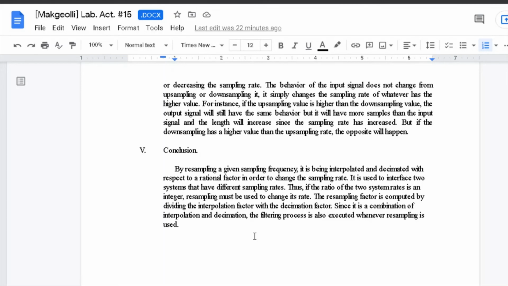The resampling factor is computed by dividing the interpolation factor with the decimation factor, or simply the upsampling with the downsampling factor. Since it is a combination of interpolation and decimation, the filtering process is also executed whenever resampling is used.